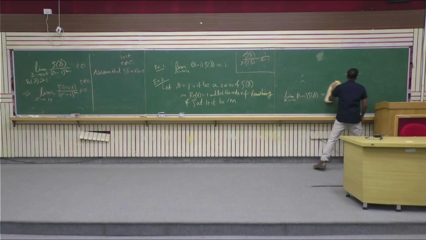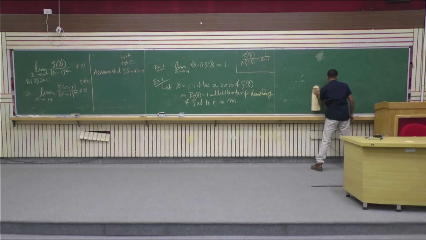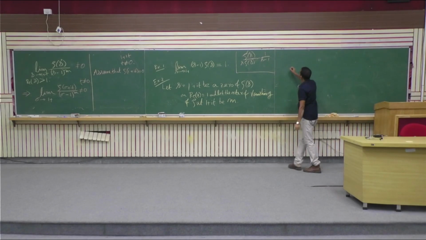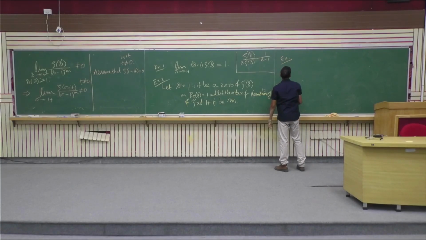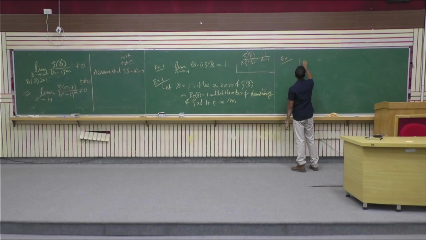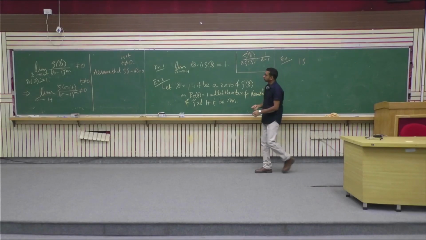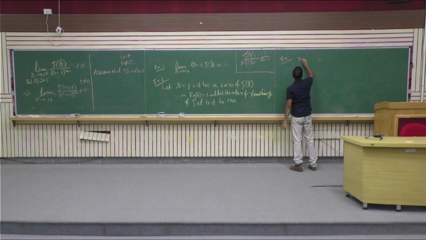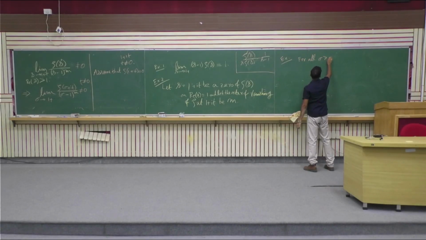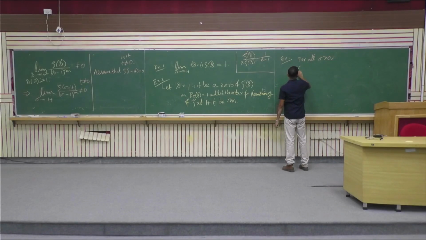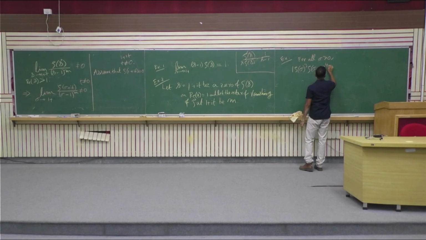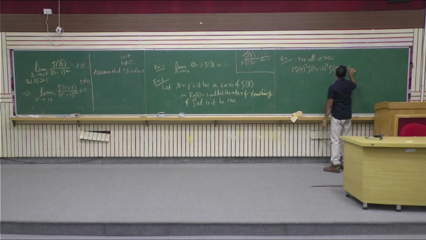Exercise: for all sigma greater than 0, excuse me, zeta sigma cubed, zeta sigma plus it to the power 4, zeta sigma plus 2it, this is greater than or equal to 1.